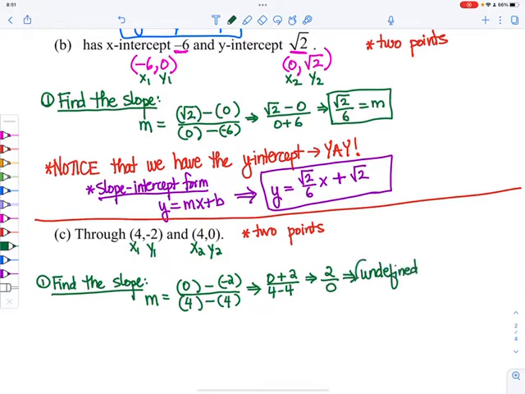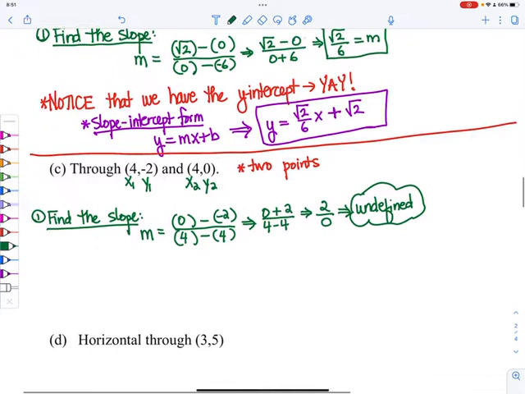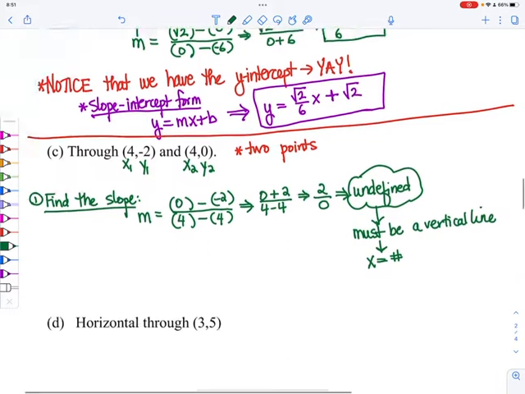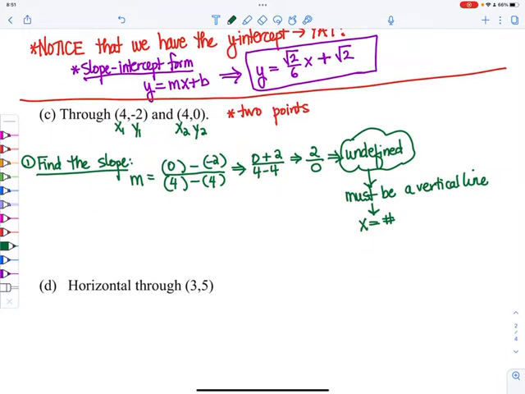If I have an undefined slope, then I know that it's what kind of line? I know it must be a vertical line. Vertical lines are always of the form x equals a number. What does x equal on this problem? Notice for both of those points that x was 4. So the equation of this line must be x equals 4.